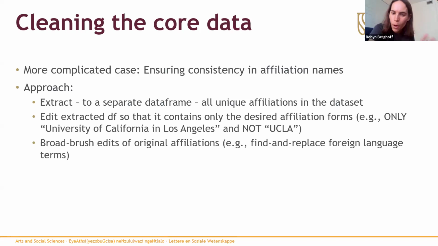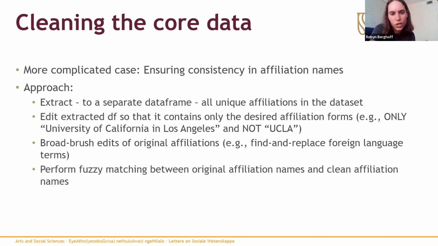Then I did broad brush edits of the original affiliations in the original data set to, say, find and replace foreign terms. Like you can have the French université, which you can quite easily just replace with university throughout the data, right? And then once we had that roughly cleaned version of the original affiliations, we did fuzzy matching between those and the extracted cleaned versions of the affiliation labels.